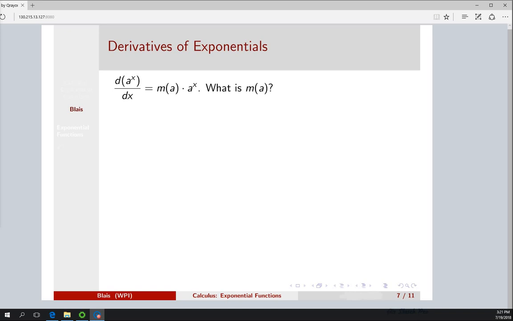And if we start experimenting, so let's think about what these axes are. These are different bases. So for different bases, what's that m of a? What's that scaling factor? And if you start trying some numbers, if you plug in 2, you get about 0.69.